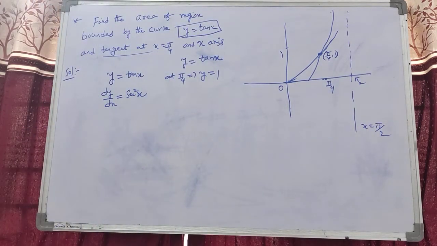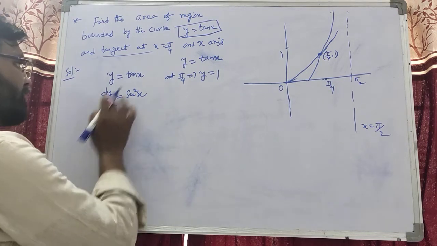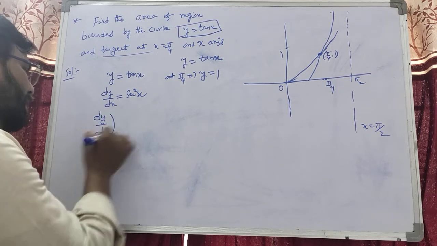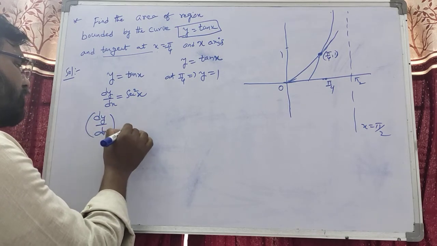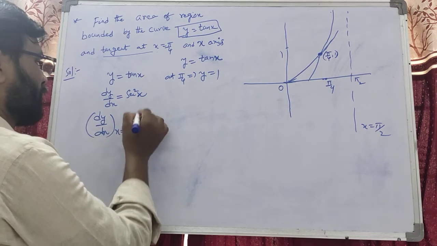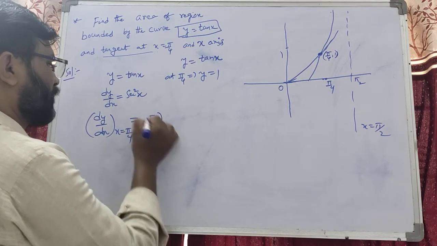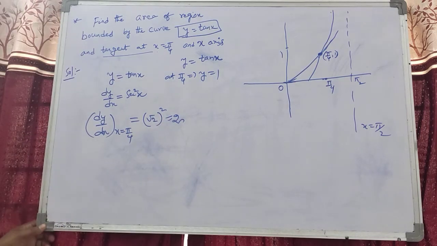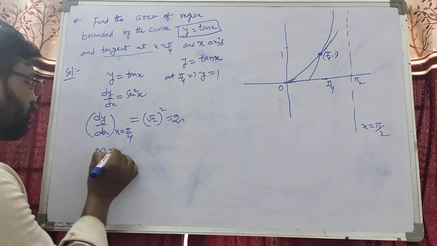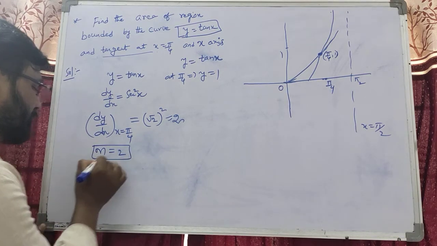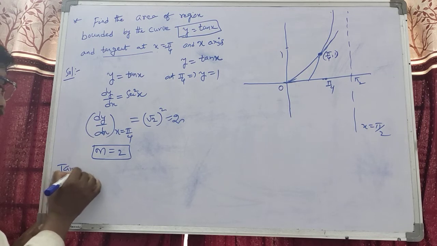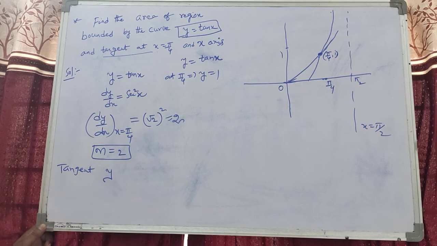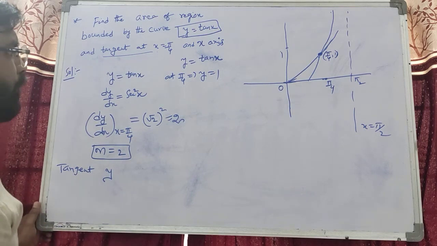Now we find the tangent. Dear students, dy by dx, the derivative of tan x, is secant square x. Now we find dy by dx at the point x equal to pi by 4. Therefore secant 45 is root 2, whole square. We get 2. So for the equation of the tangent, the slope m is 2. Dear students, the equation of the tangent is y minus y1. What is the point we got?